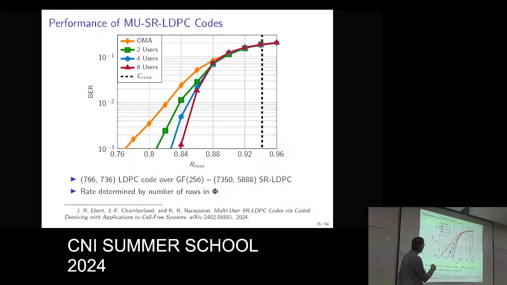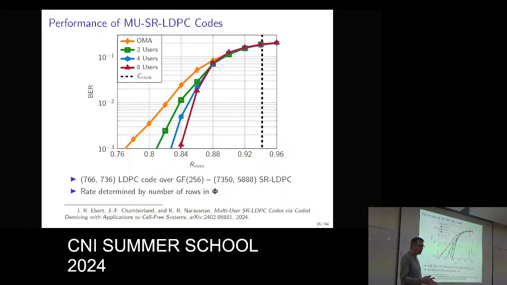This line over here that says OMA, that's orthogonal multiple access. So this could be your TDMA or your frequency division multiple access. This is the performance for one user with, say, one amount of resources. The line in green is for two users with twice the amount of resources.